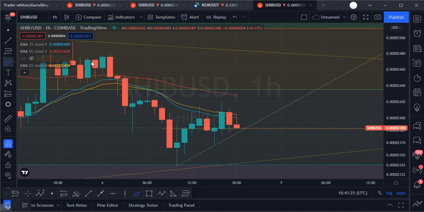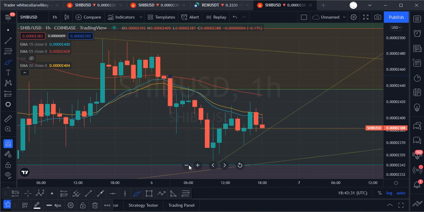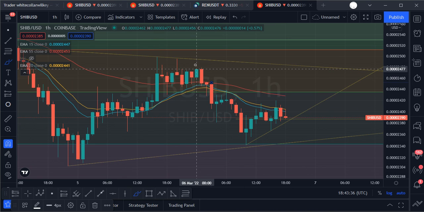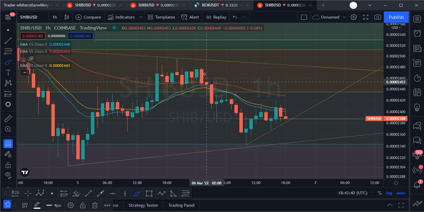Now, going back into that 1 hour again, has it got the absolute reverse? Is there an inverse head and shoulders developing? That's a good sign. That's something you could trade, something to look for on the upside for a much shorter term. So you could just get that momentum going, right?